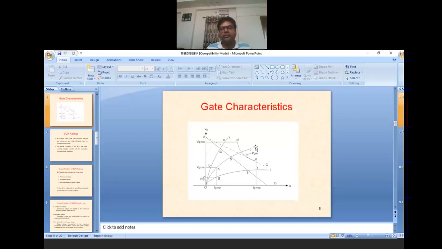So corresponding to Ig maximum, there will be corresponding Vg maximum.